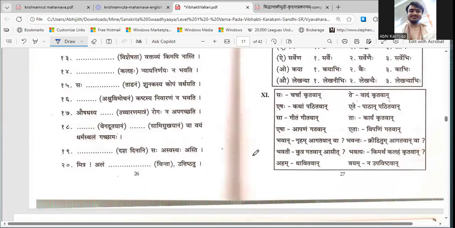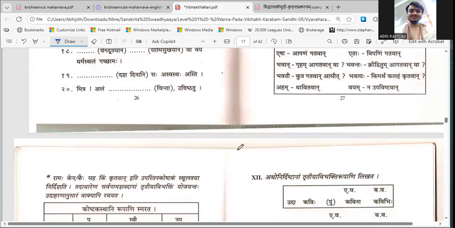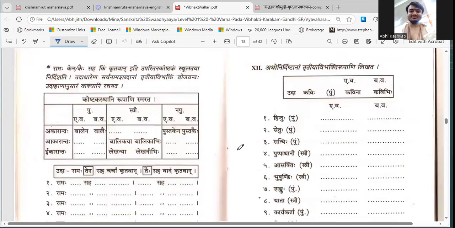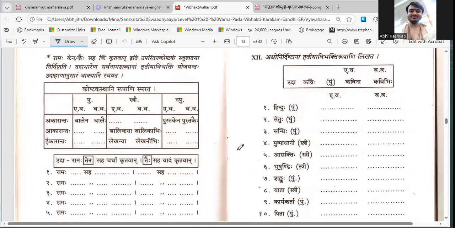Then the next exercise is the 11th exercise. First let us read the sentences or the instructions over here. First, they have given kena kaihi. Kena is singular, ekavachana. Kaihi is bahuvachana. So Ramaha, Kena is the question form for Tena.